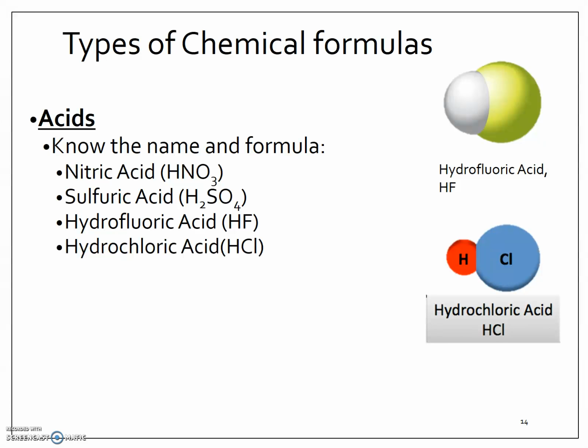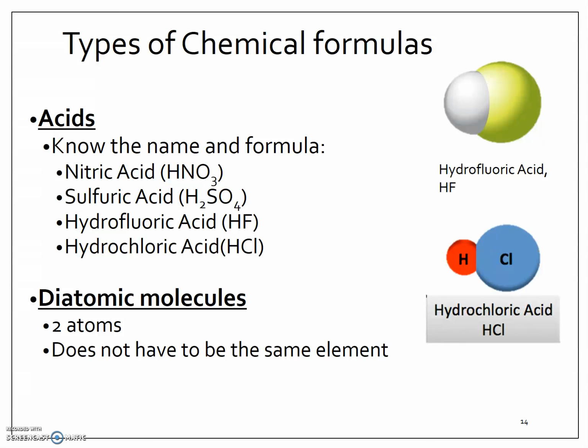Some of them are important for lab, but also you might find this on the homework, and I just want you to be familiar with the names. Now again, this acid term means it's in solution. Unless it tells you that it's aqueous or in solution, you would name it just like any other formula. And we will talk about naming formulas in the next few slides or on Wednesday.